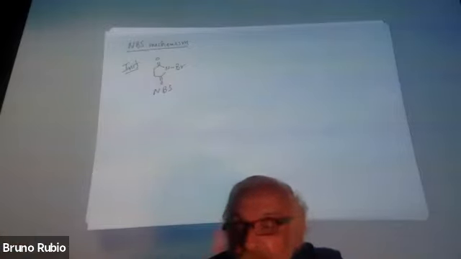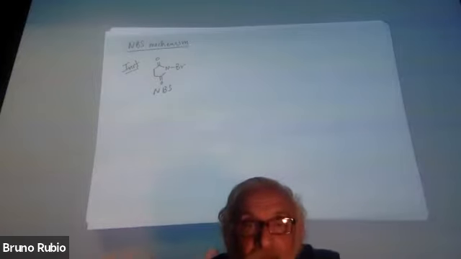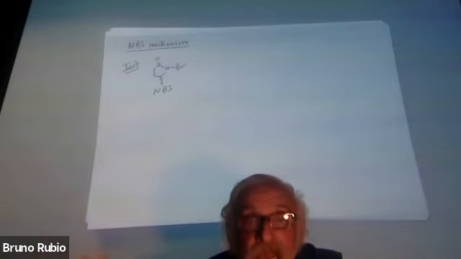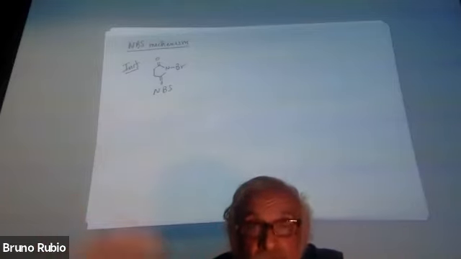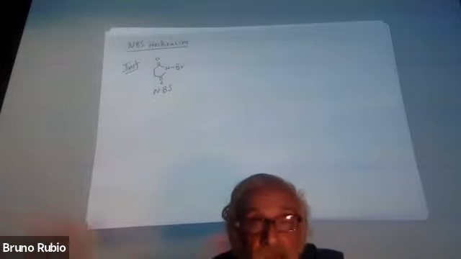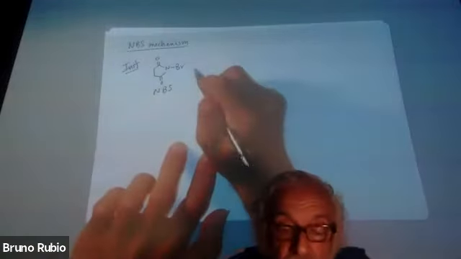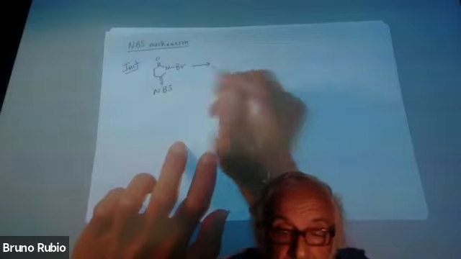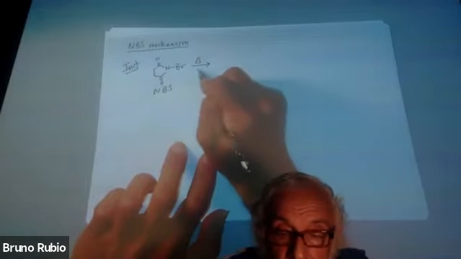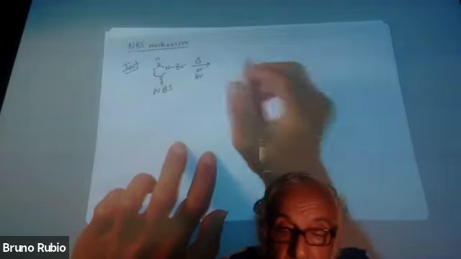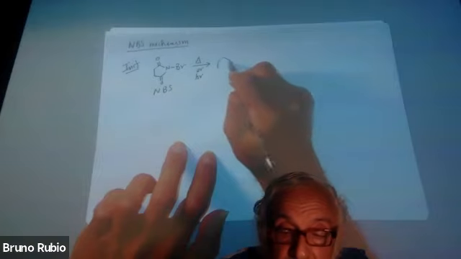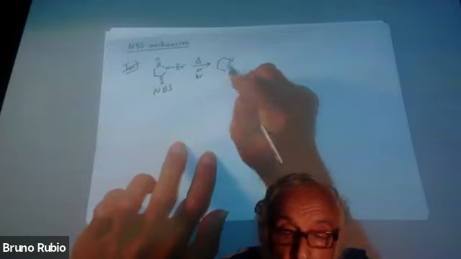What happens in initiation is the weakest bond breaks. I'm looking at NBS and I see that the nitrogen-bromine bond doesn't involve carbon or hydrogen, so this is going to be the bond that breaks fastest.